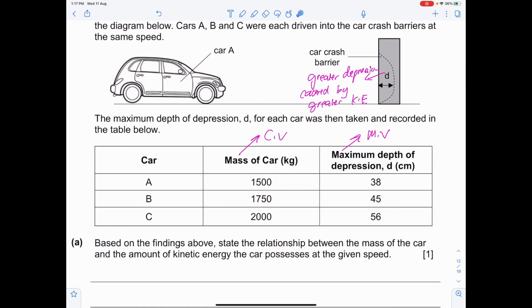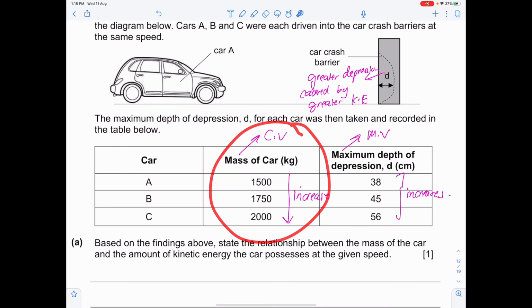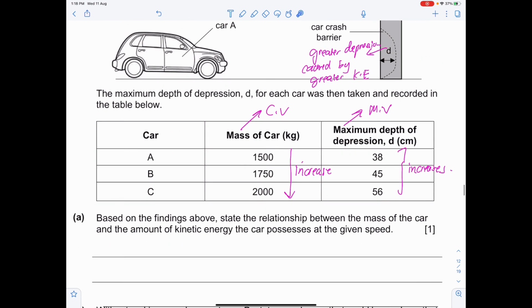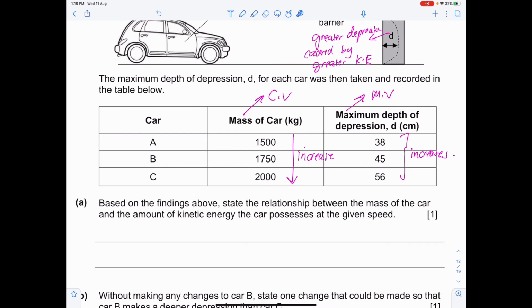Why? If you look at your results, as your mass increases, your depression also increases. Since you were able to relate that a greater depression is caused by a greater KE, and also that as the mass of the car increases, the depression also increases, it must mean that a car with a greater mass would result in greater KE, which would then result in greater depression as reflected in your results. With that in mind, you can then answer the following questions.